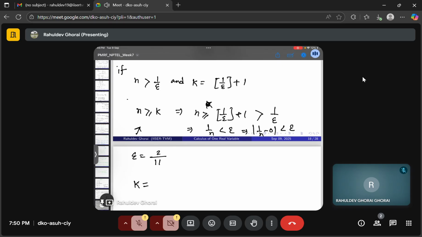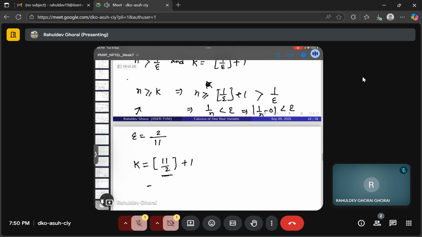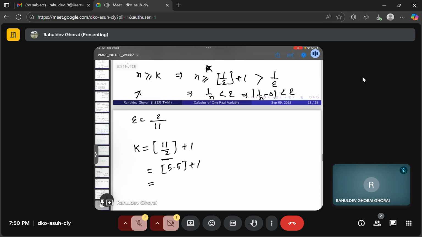So k is equal to 1 over epsilon, so 11 over 2, plus 1. So this is the greatest positive integer less than or equal to this number. So let's first write 5.5, right? Plus 1. Why I was writing plus 1, you will understand then. So this will be 5 plus 1, which is equal to 6.